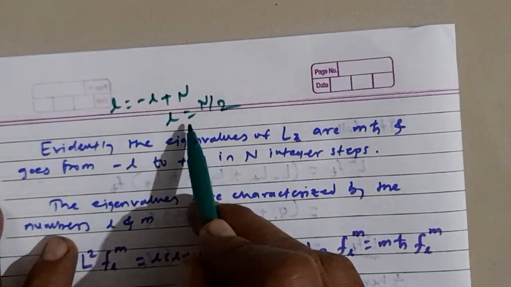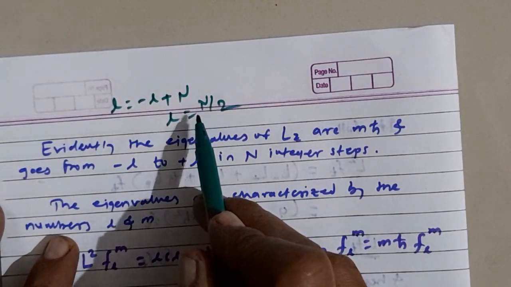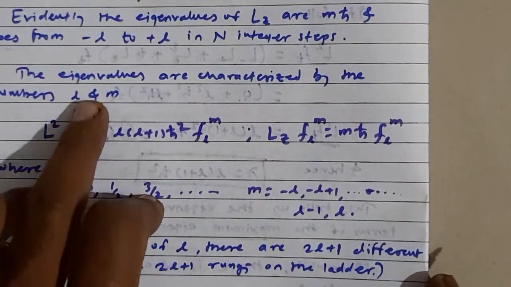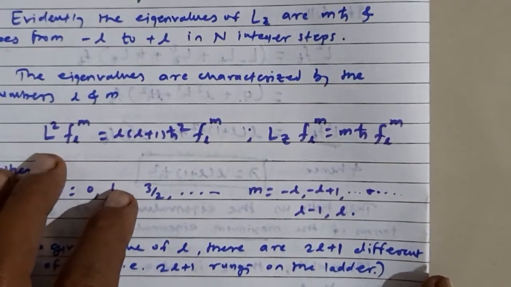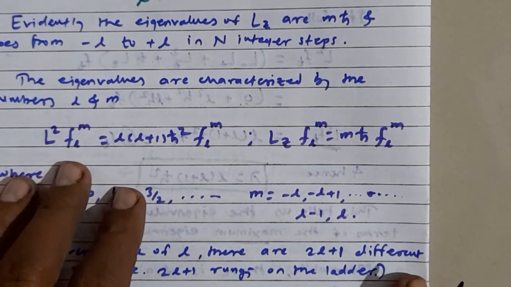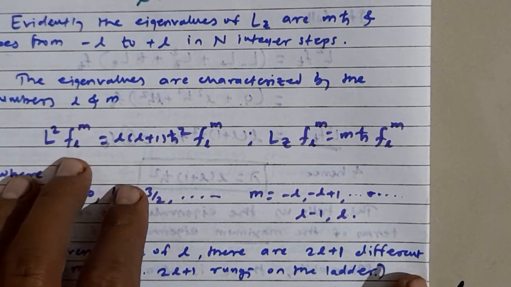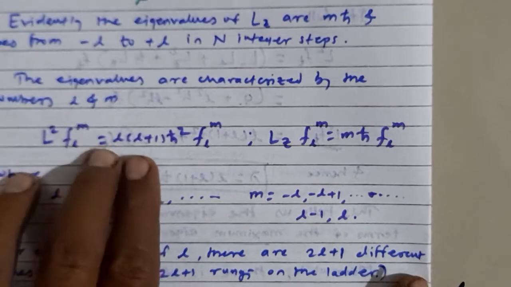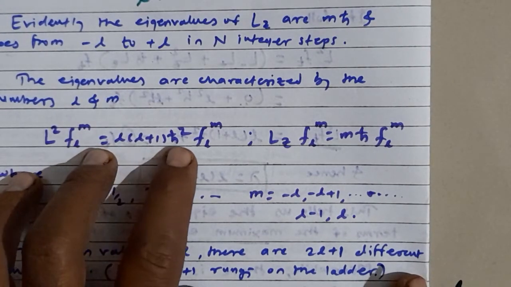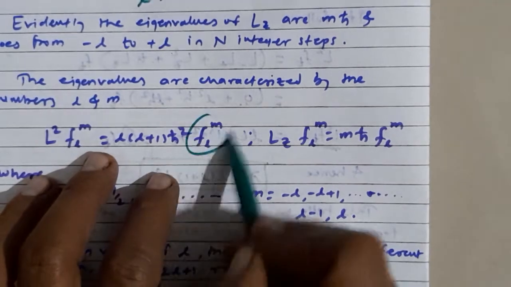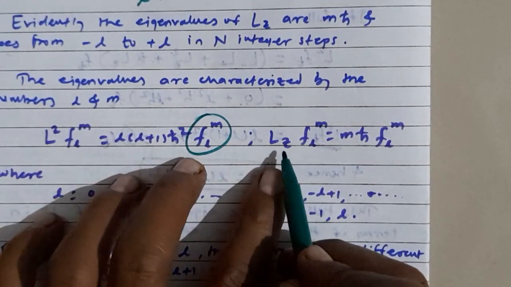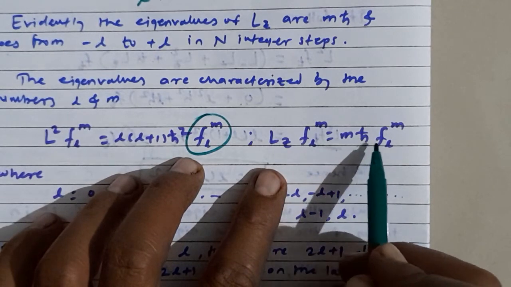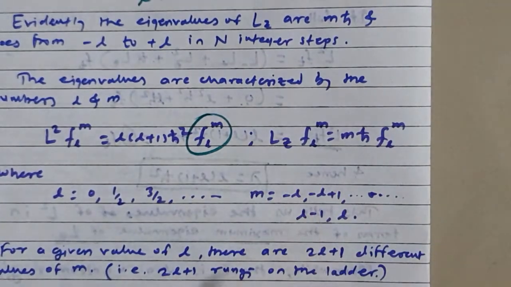So L can be an integer or a half integer, and eigenfunctions are characterized by the values of L and M. I rewrite my eigenfunction as F_LM. L square operating on F_LM is L into (L plus 1) h cross square F_LM, and Lz operating on F_LM gives us M h cross F_LM.